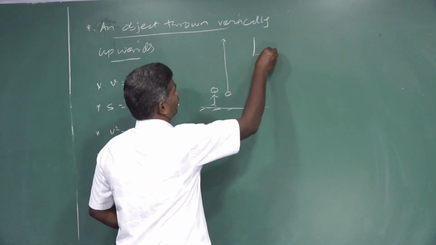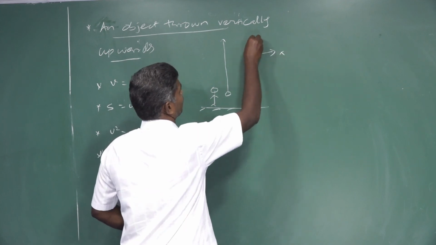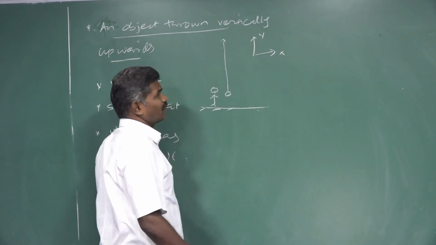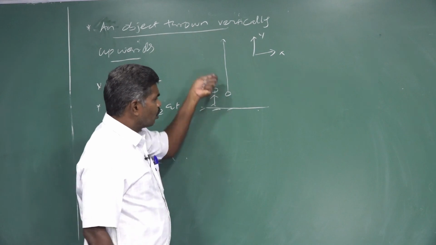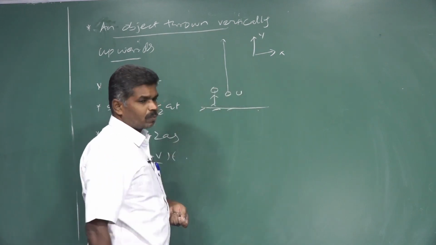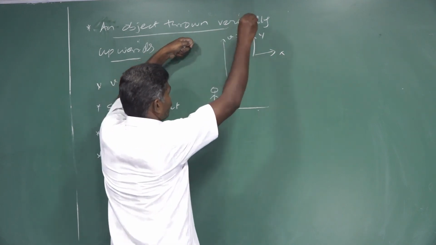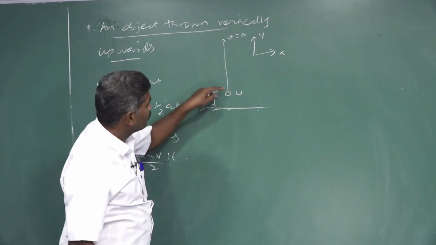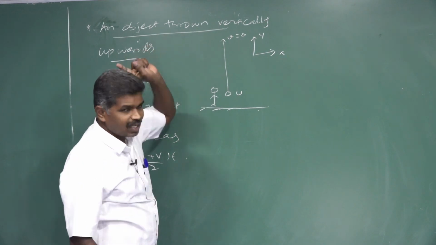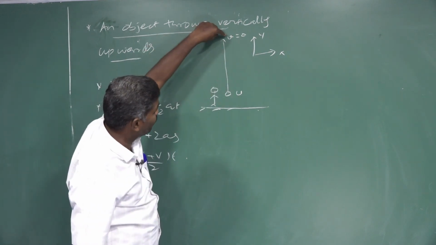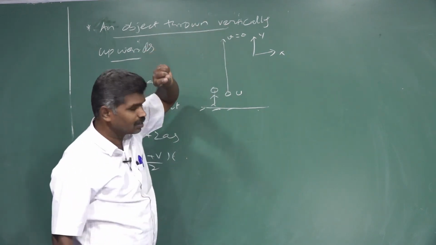So here, for our convenience, we take the y-axis. If you throw with a certain initial velocity u, it moves upwards and the final velocity may be 0. In between we have some velocity, but at the maximum height, the final velocity becomes 0.